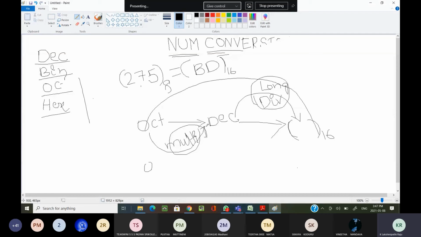But multiplication as well as division is complex when compared to simple binary bit representations. That is the reason I am following the first procedure.